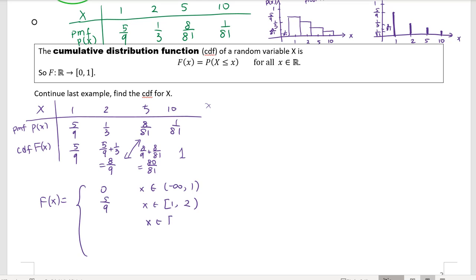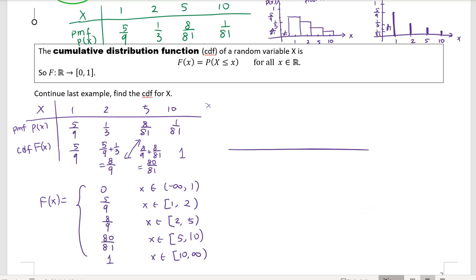When x is between 2 to 5, not including the 5, we get 8/9. And when x is between 5 to 10, not including 10, we get 80/81. And if x is greater or equal to 10, we get 1.